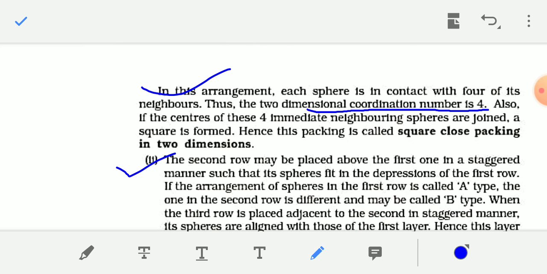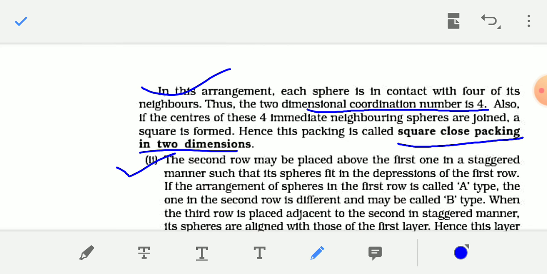Here it is written, it is also known as square close packing in two dimension. This is because if the centers of four immediate neighboring spheres are joined, a square is formed.